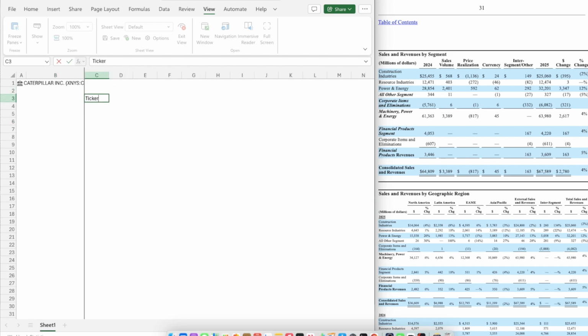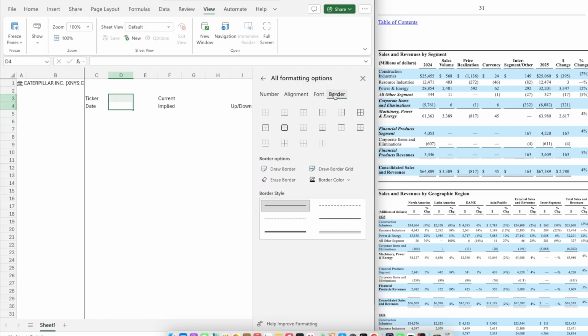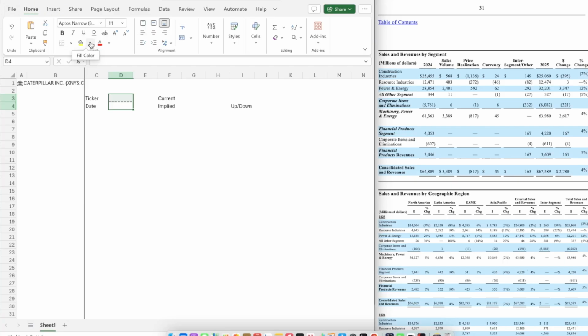So let's start building. Initially, as always, at the beginning of each build that we do, we also have to do a little bit of formatting. I'll explain what we're going to do in each section as we get there.